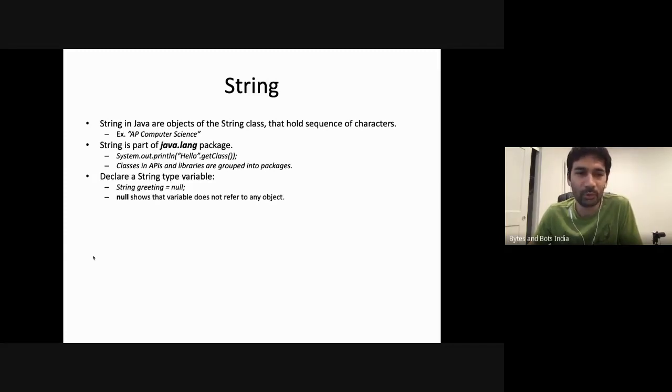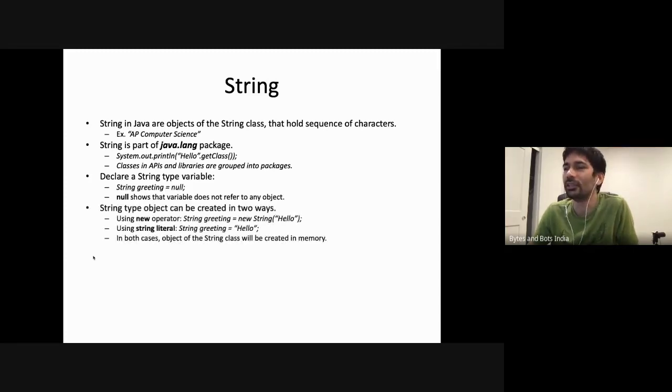So we are just telling the Java program that whenever I use greeting, Java should assume that it's actually a string type. But we don't know what we are going to assign to greeting, so we are saying keep it null, have no reference. I just want to reserve this keyword right now. Right? So that's called declaring. A string can be declared in such a way: String greeting is equal to null. And what null shows is the variable does not refer to any object, that we have not assigned anything to it. It is just a declaration.